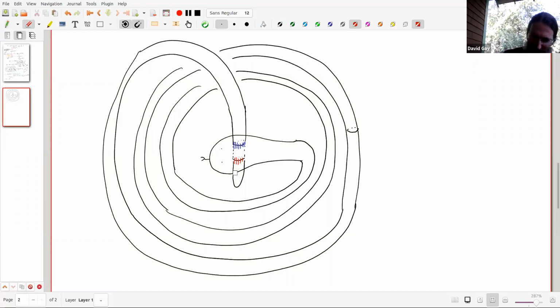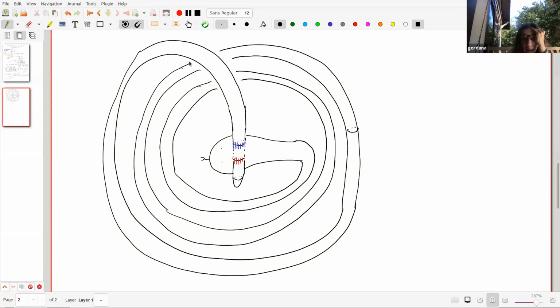I push that little annulus of the snake's head up in one direction and down in the other, so that now it's an embedded two-sphere. That's like an over-under thing. I claim it's still unknotted, but now I'm going to put the second two-sphere in. Are there any questions about this picture of a two-sphere?